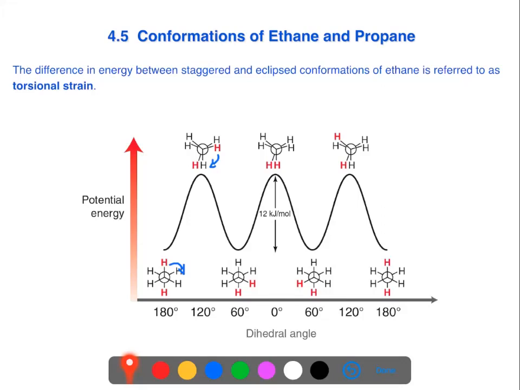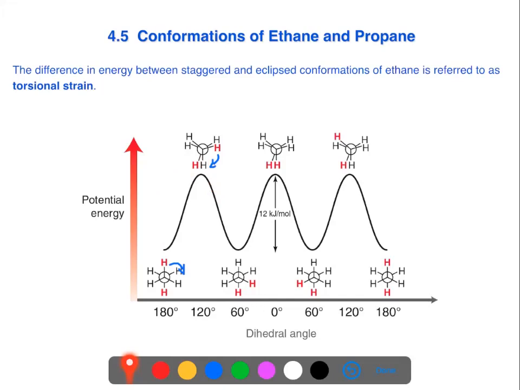Ideally, the electrons in those carbon-hydrogen bonds like to be separated by this 60-degree dihedral angle, but when that dihedral angle drops to 0 degrees, you can see how the energy of that conformer increases. We say that the torsional strain is the reason behind this increase in energy.